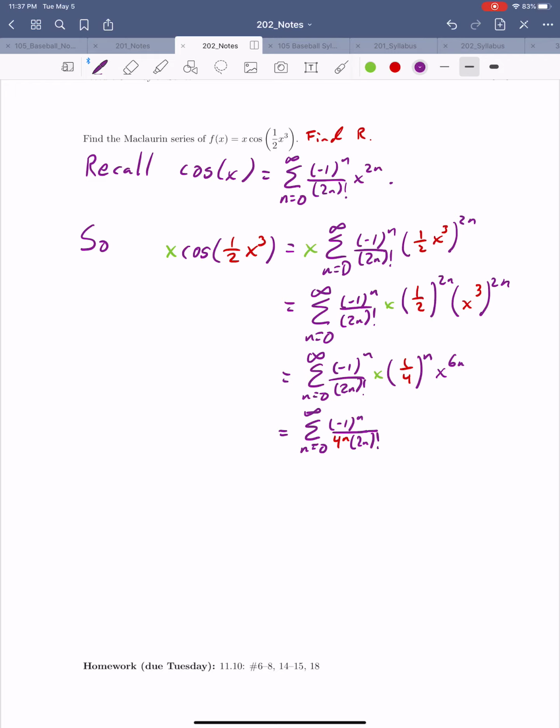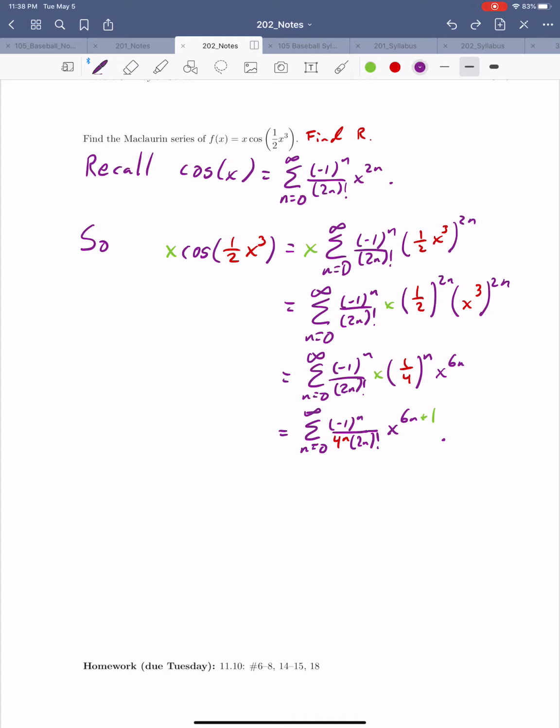And then this is going to be multiplied by x to the 6n plus 1, in green, just so you see where that x came from. Right, so that's what we have. That is the Maclaurin series, right? And as you can see, we have the coefficient by itself, that's isolated, and then of course the power of x is isolated as well, and that's exactly what we want. When I ask you to find the Maclaurin series of something, that's what I want if it's possible.